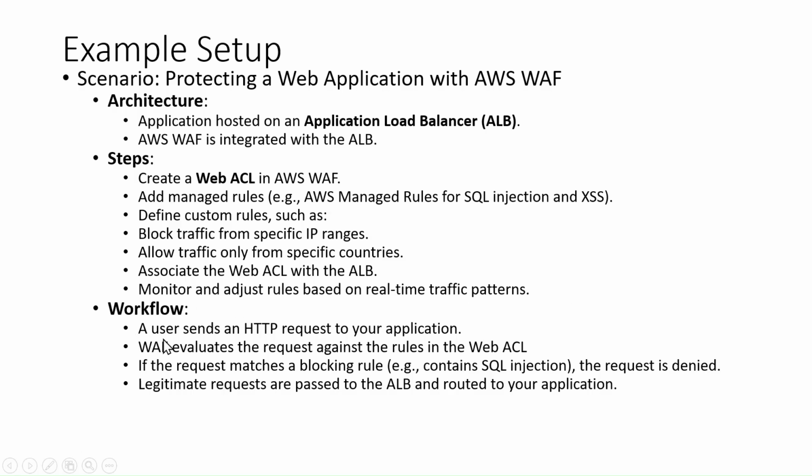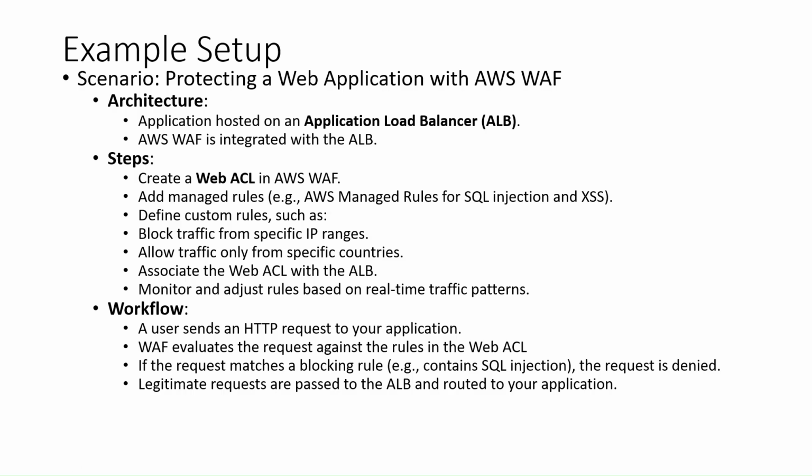So how exactly will it go? A user will send an HTTP request to your application. First it will come to the web application firewall, which evaluates the request against the rules written in the web access control list. Whether it should be allowed, blocked, or considered for a captcha. If the request matches the blocking rules, for example containing SQL injections, it will scan the complete data: the header of the request, where it is coming from, where it is going, and what kind of data it is carrying.